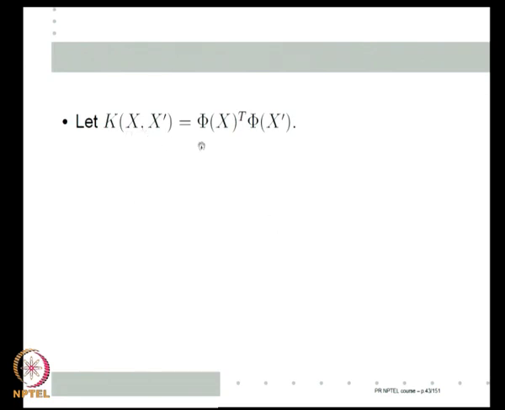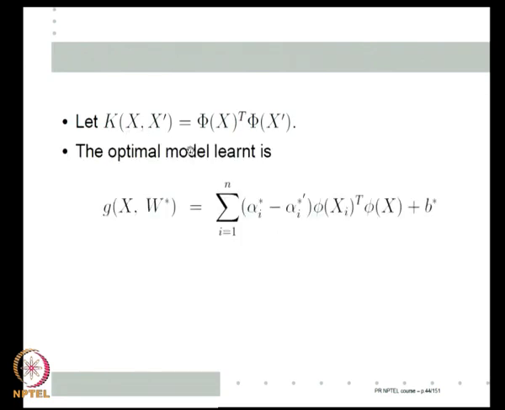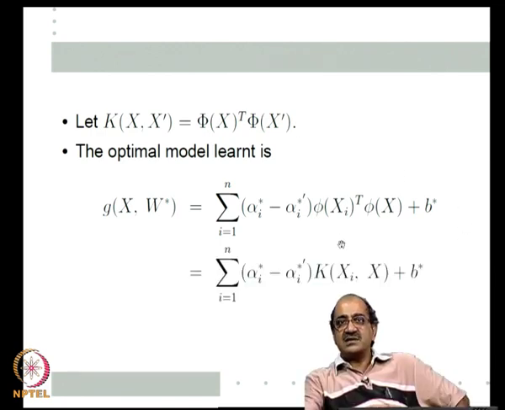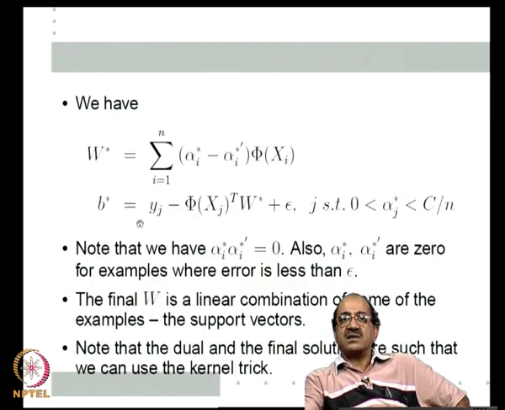Specifically, suppose we have a kernel function, then what is my optimal model? G x comma W star, this is my expression for W: W transpose phi x plus B star. This can be kernelized, as k x I x, and B star can also be kernelized, because B star is phi x j transpose W star, which is linear in phi x.